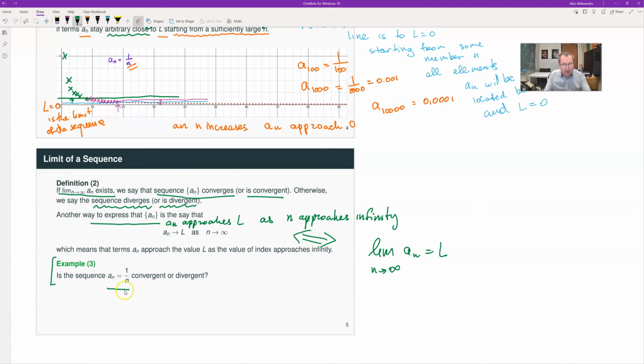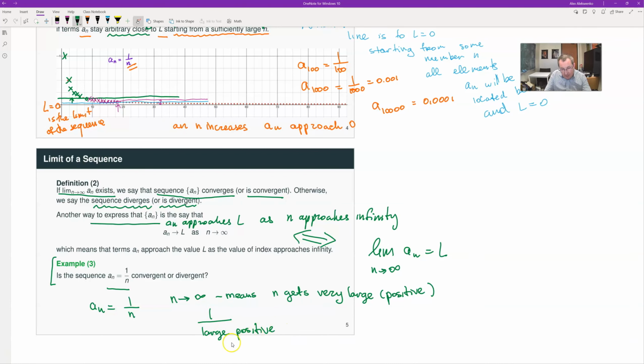So let's think about it. I'll look at a sub n, which is 1 over n. And I know that n goes to infinity. What that means is that n gets very large and positive.